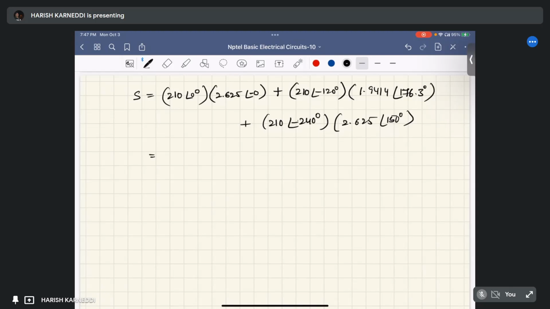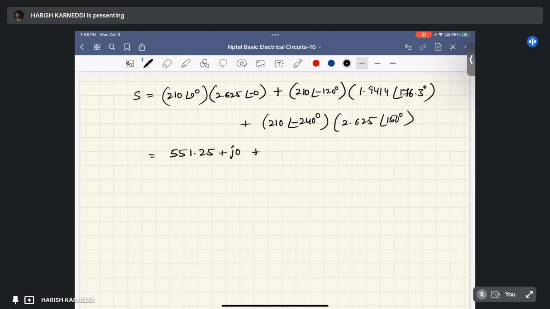So what is the value of 210 at an angle of 0 into 2.625 at an angle of 0? Which equals 551.25 plus j0, right?